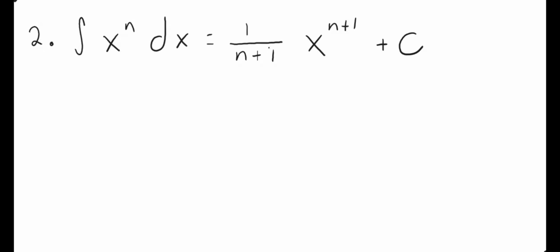So what ends up happening when you do the integral of x^n is that n is going to add itself by 1. So these two are the exact same number. I put the 1 here because imagine there's an invisible 1.